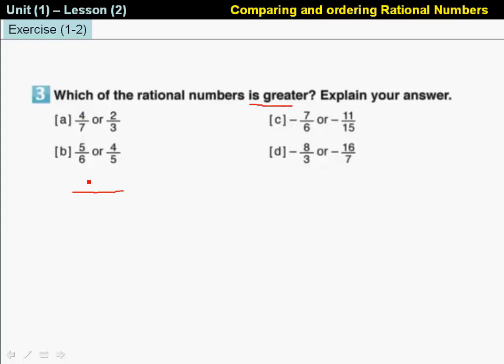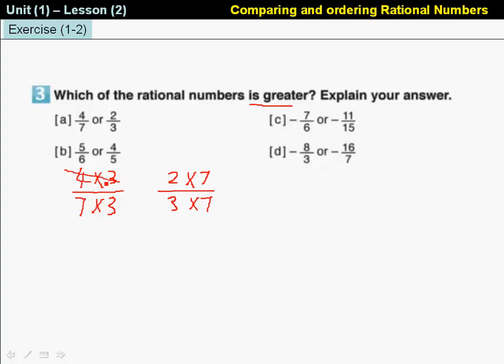So for this 4 over 7, we multiply by 3 on the denominator, so we have to multiply 4 times 3 also. And this one, 2 over 3, we multiply 3 times 7. And also 2 must be multiplied by 7.